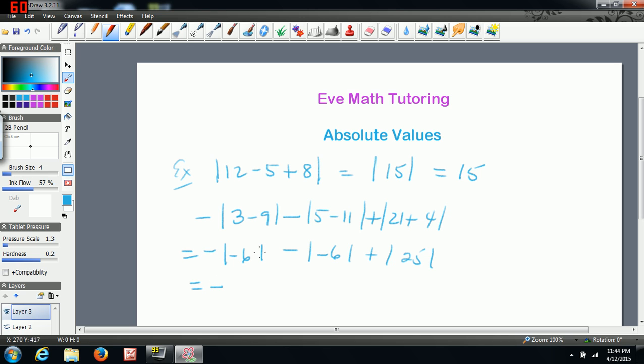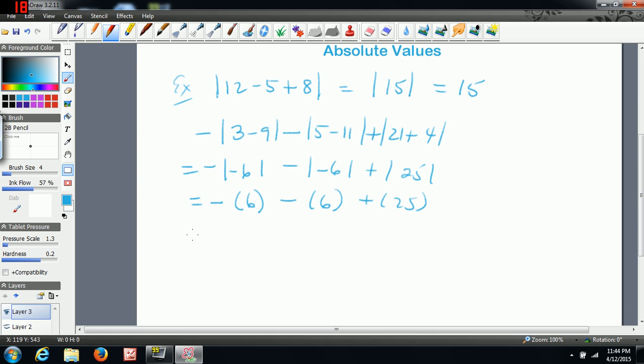So the absolute of -6, I can even write it in brackets if that will make it clearer, becomes +6, and the absolute here becomes, again, +6, and this just becomes 25. If you want, you can replace them with brackets if that would make it easier to solve. Then -6 minus 6 is -12 plus 25. So that's just equal to +13.